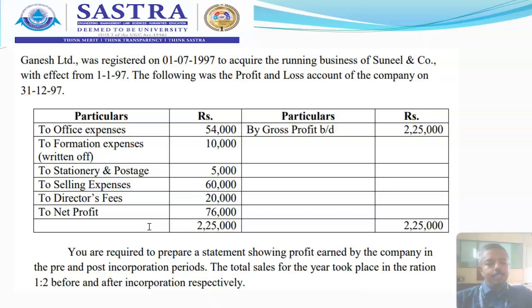So that's how we need to apportion. Please make a note, it's not the same 27,000, it's the balance 27,000, which means the other 1/2.